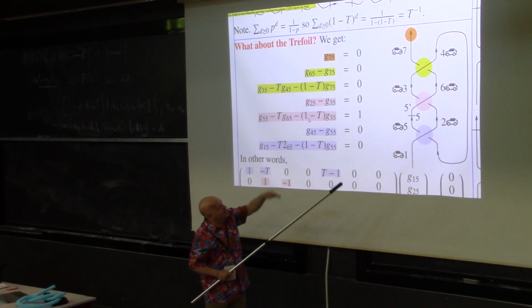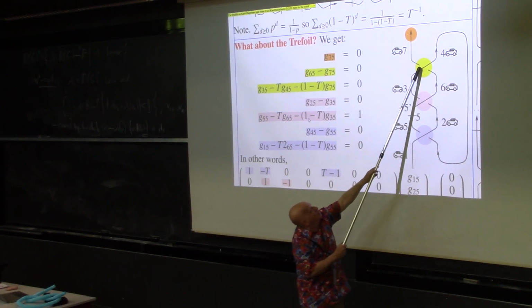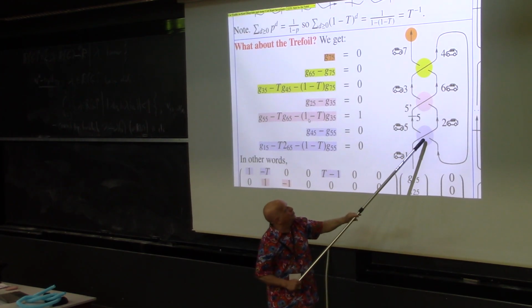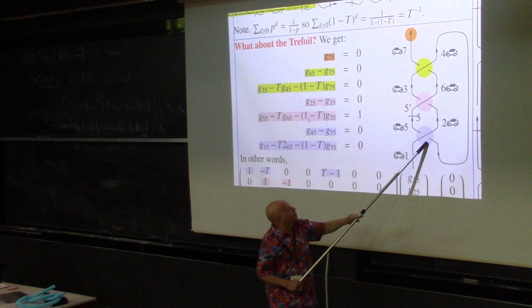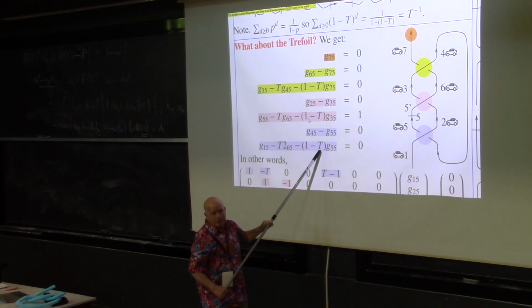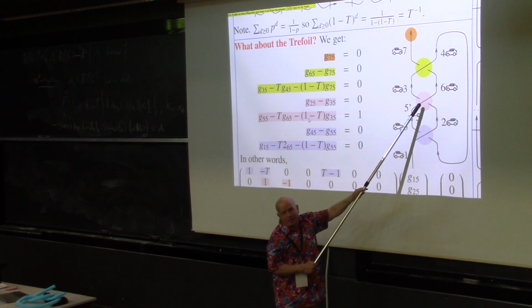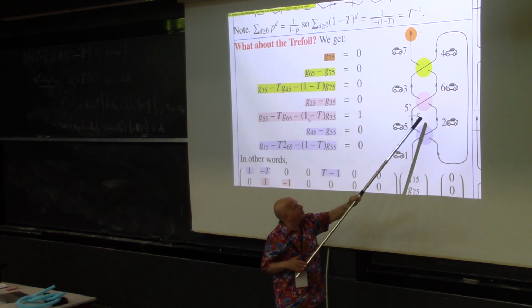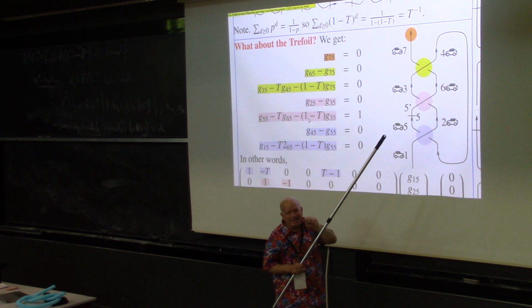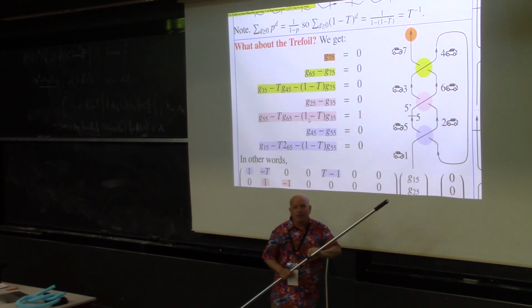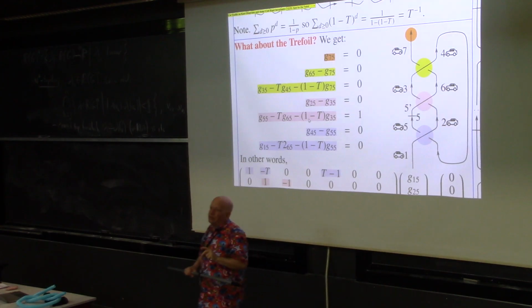And I get similar equations, so I get 2 equations from the yellow crossing, and 2 equations from the bluish crossing, and they are written here, and 2 equations from the pinkish crossing, but the 2 equations for the pinkish crossing are slightly different because the measurement point is near the pinkish crossing. So how is it different?